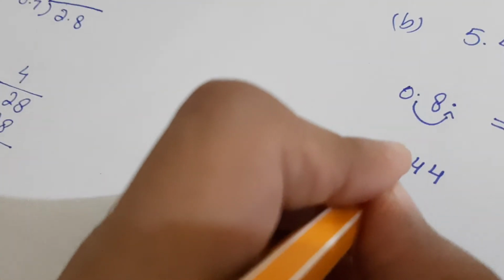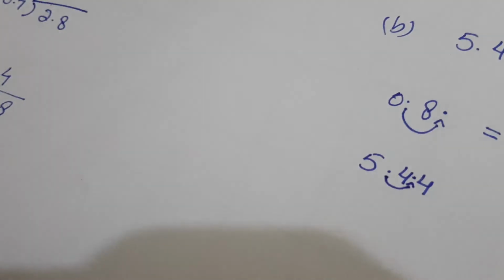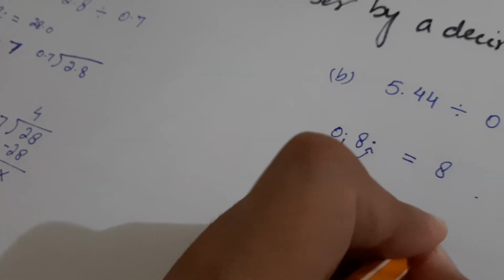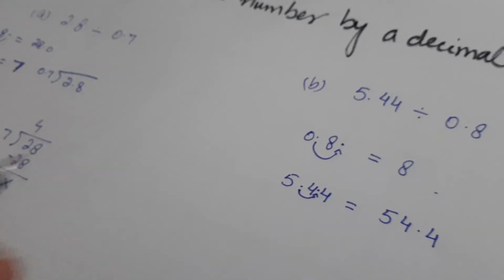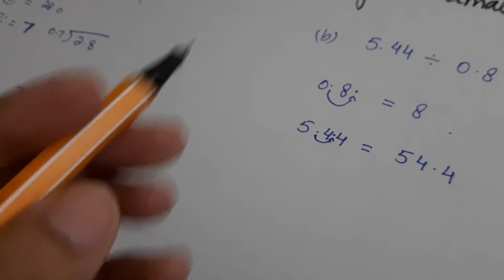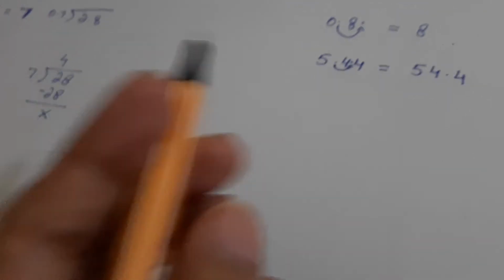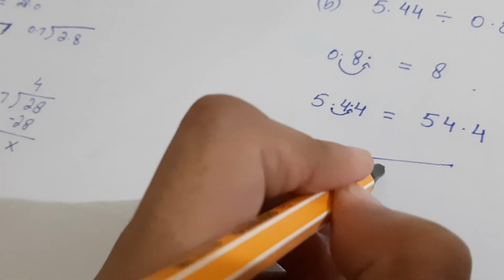So here as well, I will move the decimal point just once. That's it. My aim is not to make it a whole number, rather to keep things the same for the dividend and the divisor. Okay, now you can easily divide it manually.